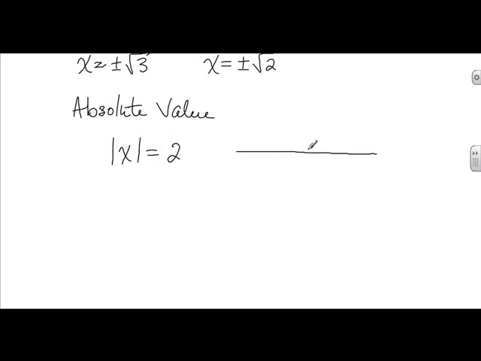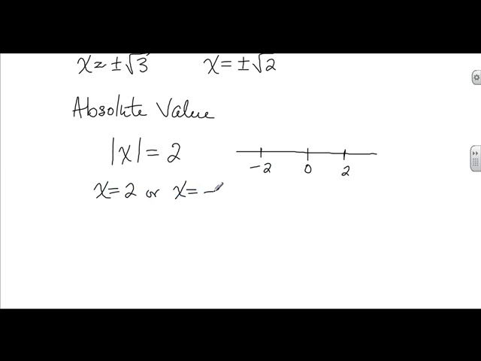So if we're solving this equation for x, we're trying to think about all the values of x that have a distance from 0 of 2 units. Well, that could be a positive 2 or a negative 2. So x is equal to positive 2 or x is equal to negative 2.